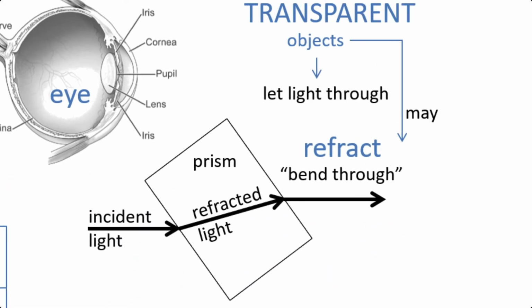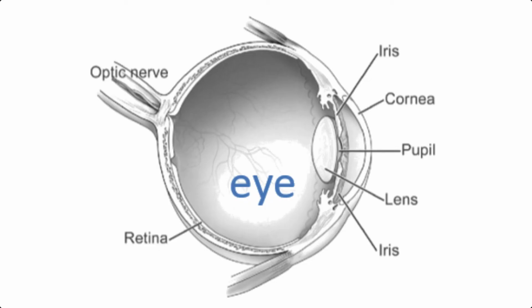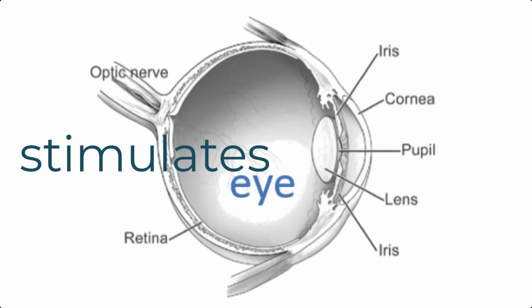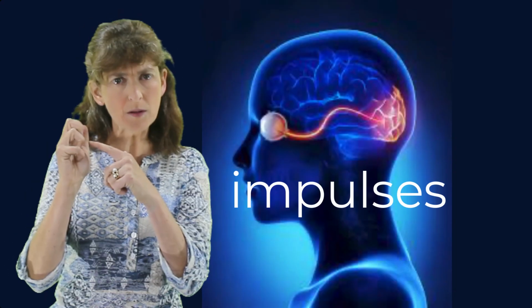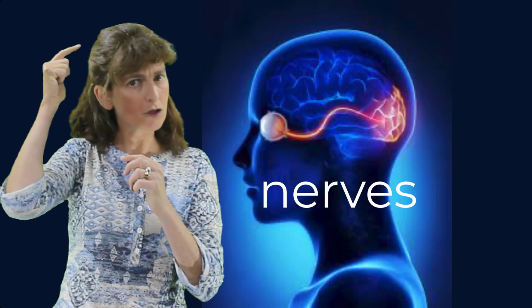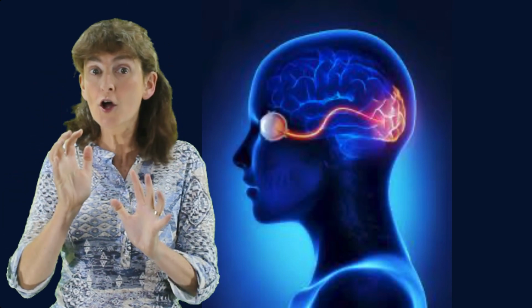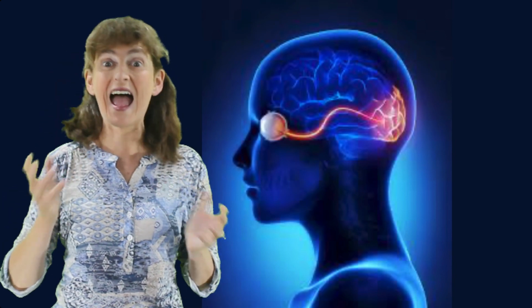Transparent objects may refract light, which means that they may bend light as it passes through them. Finally, how do we see? Light stimulates cells in the retina of the eye to send impulses along nerve cells which stretch from the eye to the brain. When the nerve impulses reach the brain, it interprets them as sight.